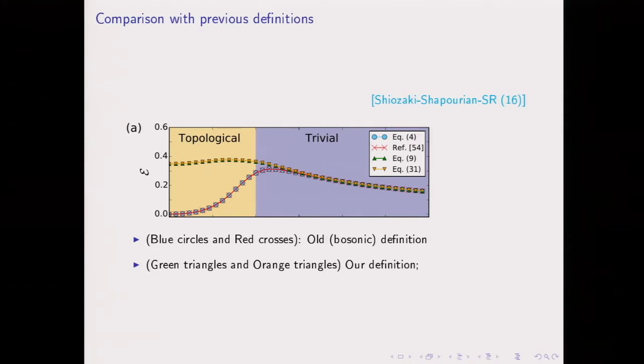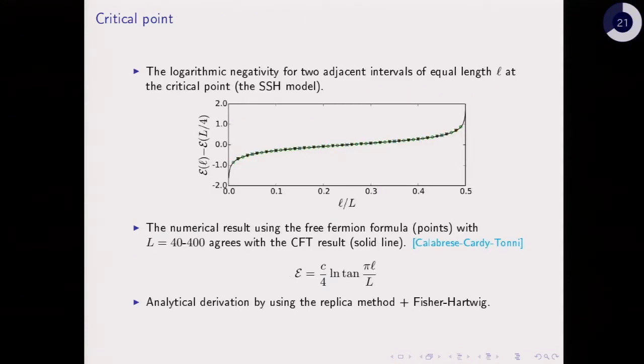So that's good. And also, this is the critical point separating these two phases, which is a conformal field theory with central charge 1/2. If you look at the negativity at this critical point, we reproduce the expected result from conformal field theory, which is fitted by this formula.